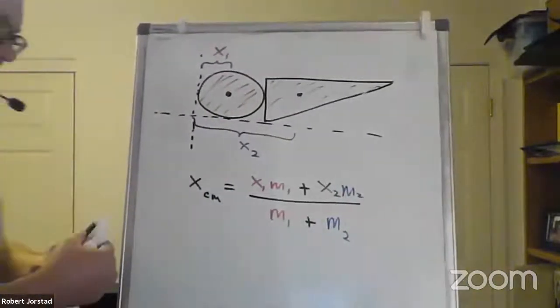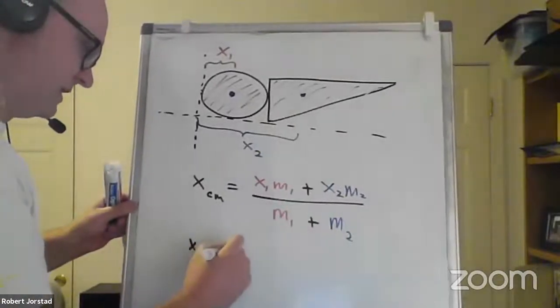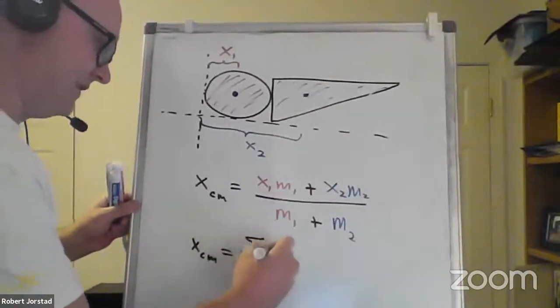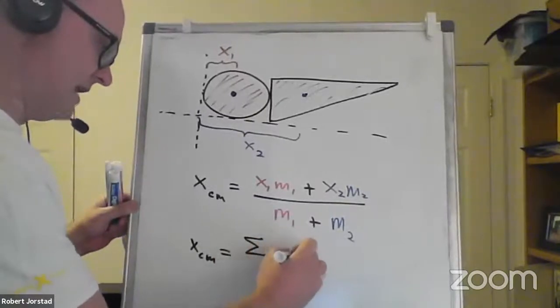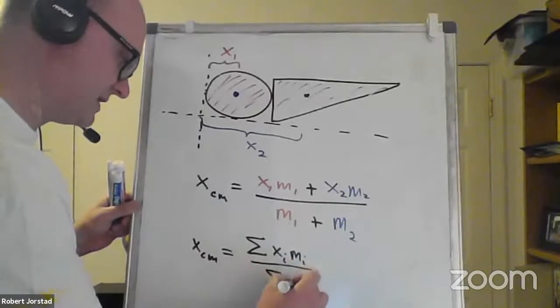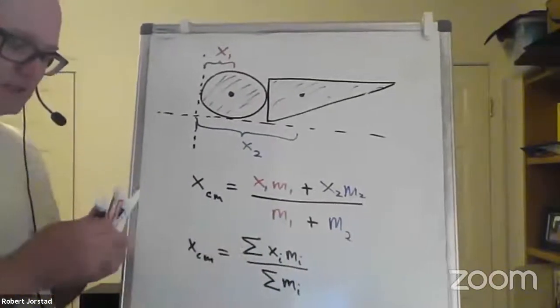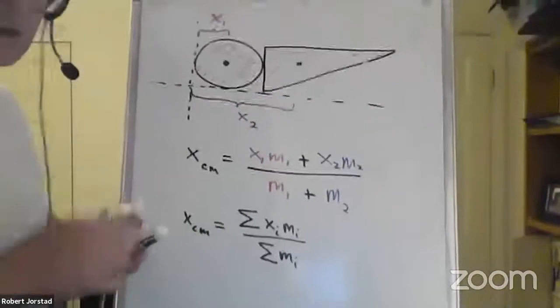If you've ever seen this in sigma notation, it looks like the sum of x sub i, m sub i, all over the sum of each m sub i. And again, maybe you're used to seeing the limits written here.